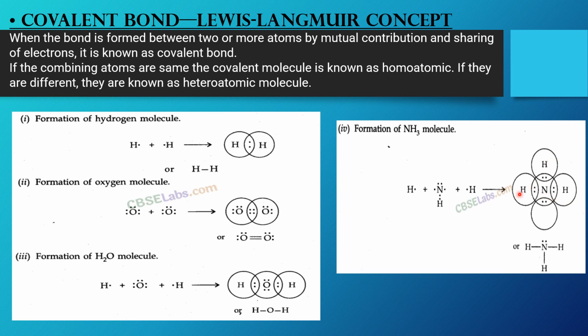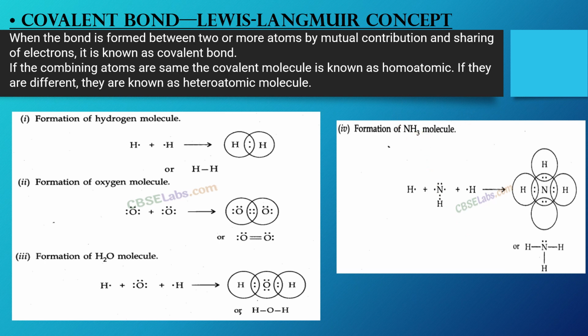One electron is from the hydrogen and one electron from the nitrogen, in each bond. So how many electrons are present in the nitrogen outermost shell? That will be 5. The remaining lone pair remains as it is. So this is the covalent bond formed between nitrogen and hydrogen, forming ammonia.